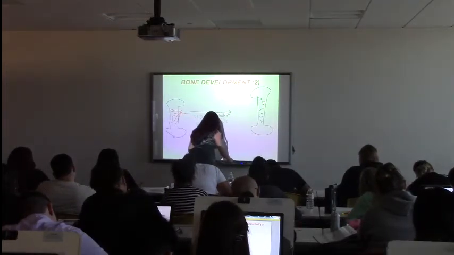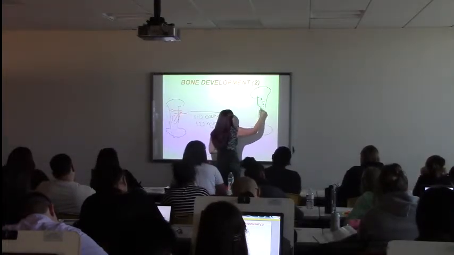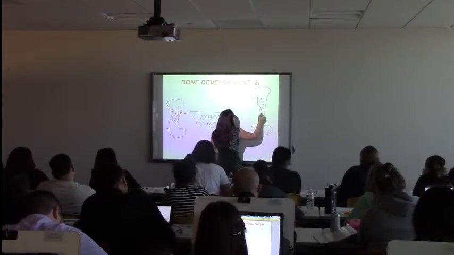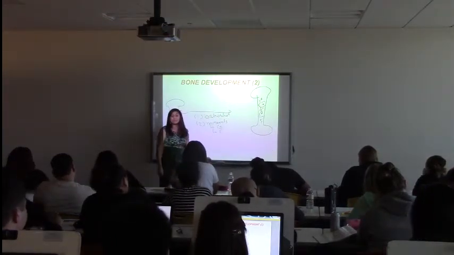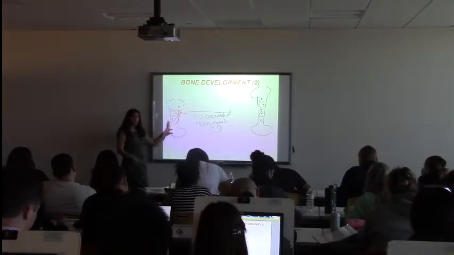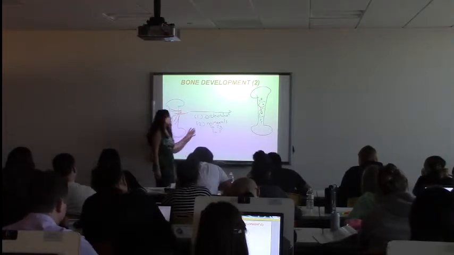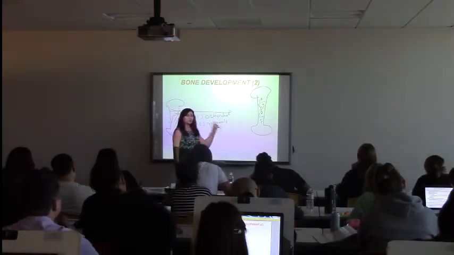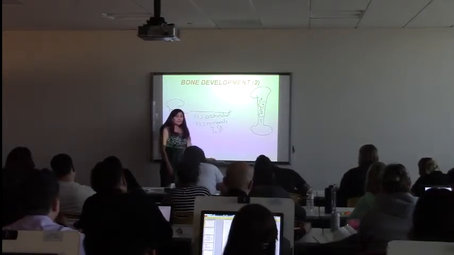And of course, that is due to the blood vessels, which I'm just going to draw. Does that make sense? So as soon as the infiltration is complete and that structure now has blood vessels, the blood vessels will bring in osteoblasts and minerals, calcium and phosphate.